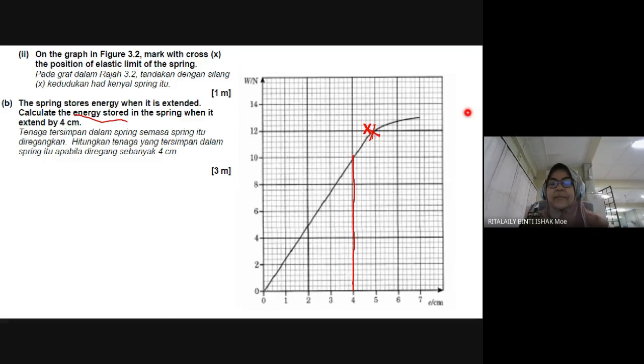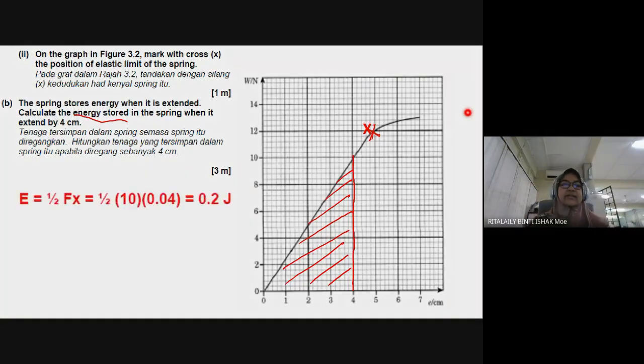So the area under the graph. So the answer is 0.2 joule.